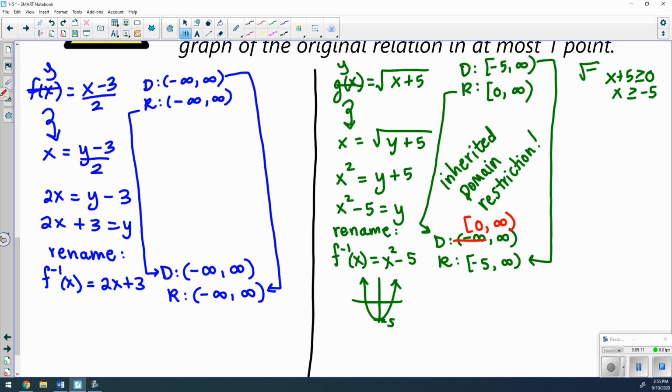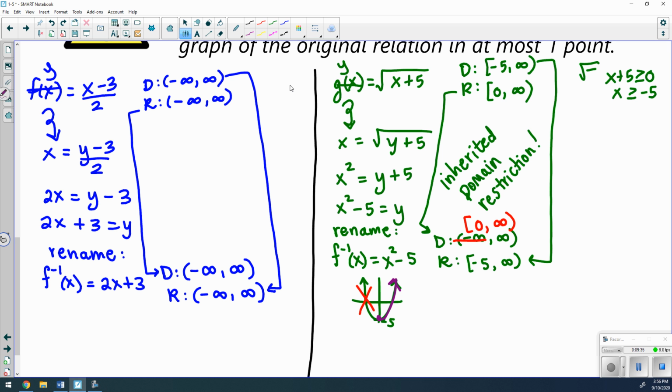What that means then is this part doesn't count. The only part of this graph that is legit, for lack of a better word, is this right-hand section from 0 to infinity. So inherited domain restrictions are a real thing, something we need to be always aware of and always considering when we're working with inverse functions.